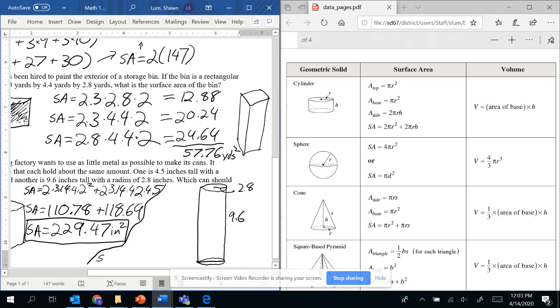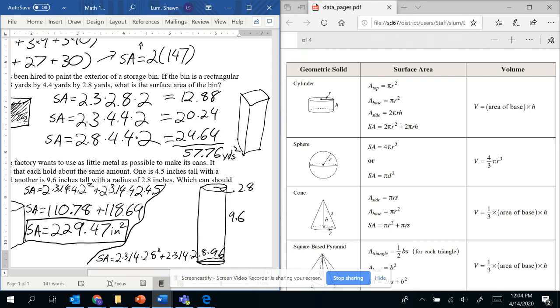So our surface area equals 2 times 3.14 times our radius squared, which happens to be 2.8 squared, plus 2 times 3.14 times our radius again, 2.8, times 9.6.